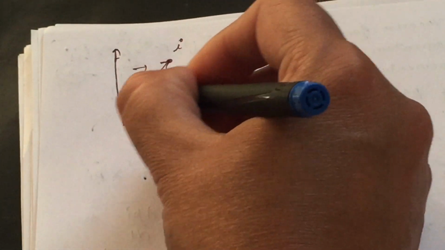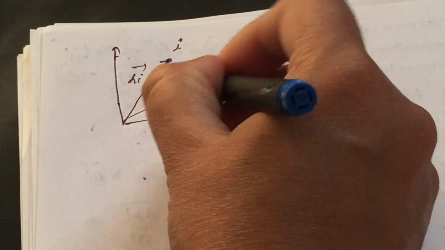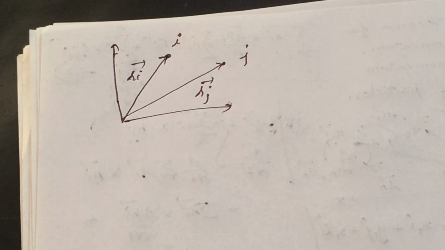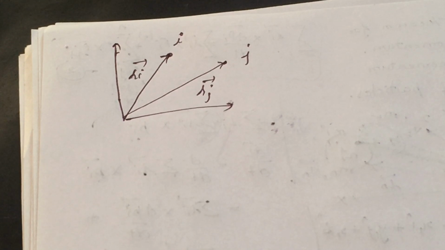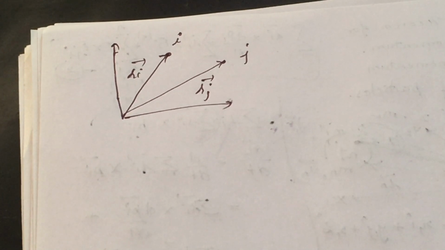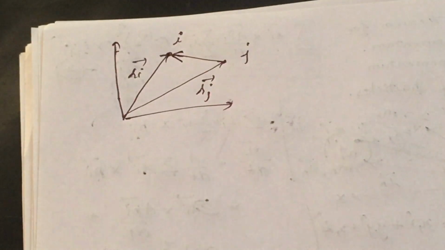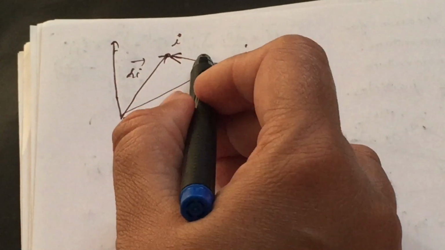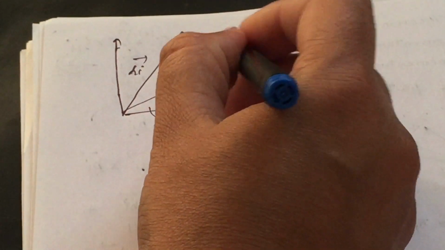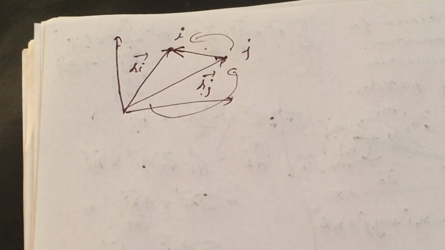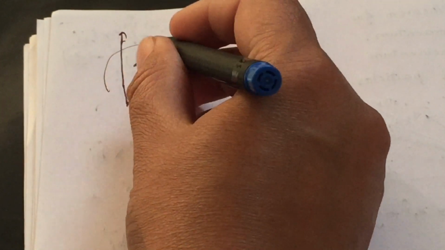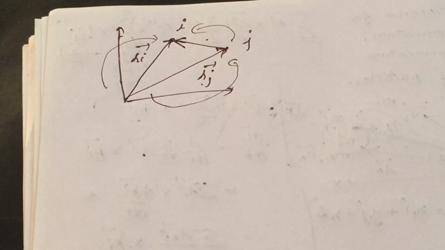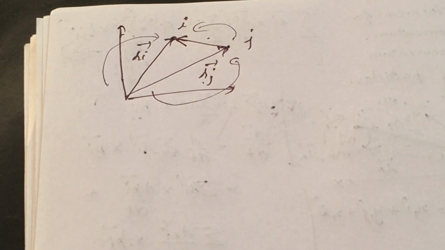Here ri represents the position vector of the ith particle and rj represents the position vector of the jth particle. According to the triangle law of vector addition, if we take a vector along this direction, these two vectors, rj and this vector, are in the anticlockwise direction, then this vector will give the resultant of these two vectors.